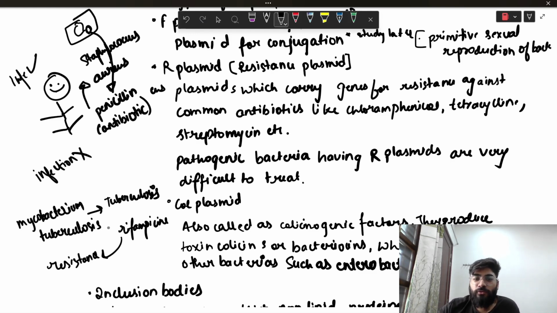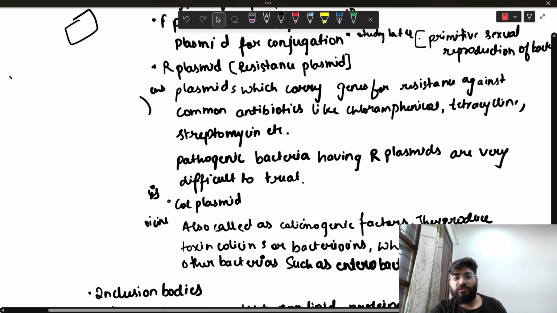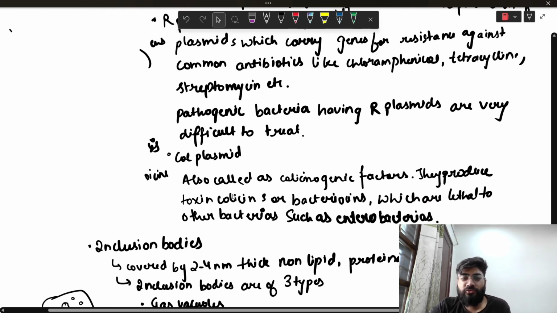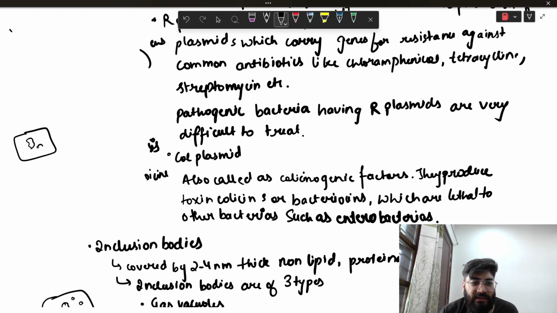Then we have the colicin plasmid, or the col plasmid. They produce the toxin colicin, or bacteriocin, which is lethal to other bacteria such as enterobacteria. Let's say this bacteria has this plasmid, and that plasmid has the colicin gene in it.